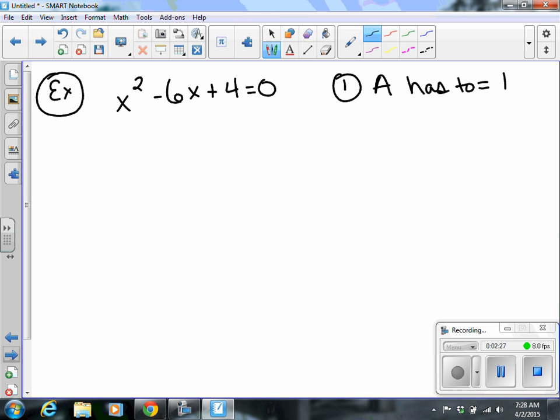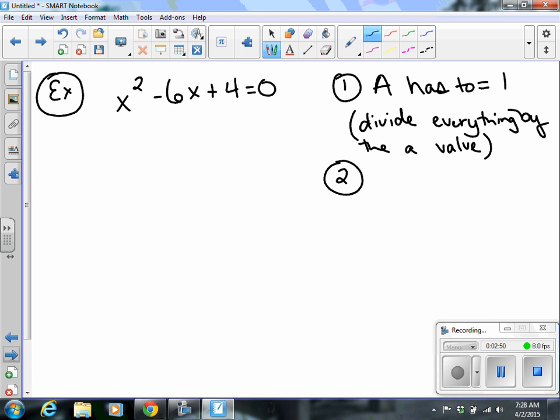In our case, we don't have to worry about this. This is good to go. If, for instance, it doesn't equal 1, you're going to divide everything by the a value. Like I said, in our case, we're good.